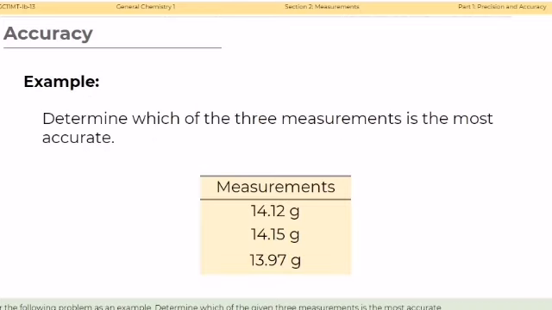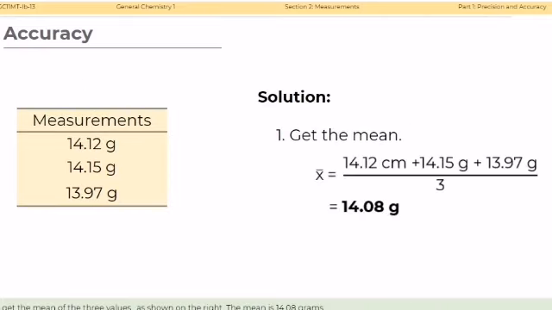Consider the following problem as an example. Determine which of the given three measurements is the most accurate. We have the measurements 14.12 grams, 14.15 grams, and 13.97 grams. First, we get the mean of the three values, as shown on the right.